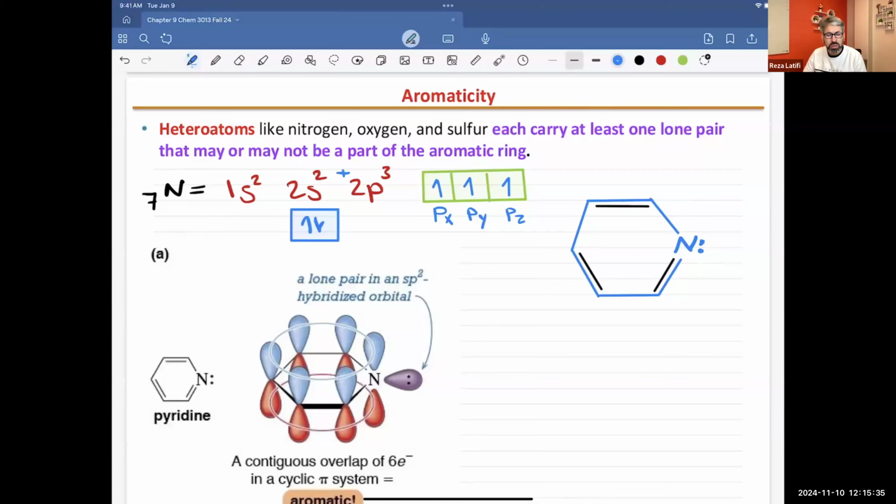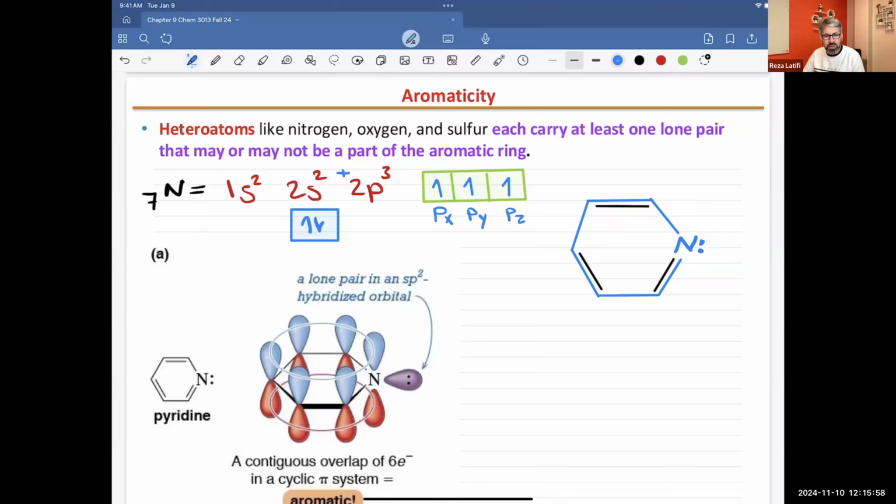So in order to make 4 bonds with nitrogen, for example, we need to somehow make one orbital empty, or we're going to have an orbital that is taken by valence electrons, and that orbital is going to show up technically as a lone pair.